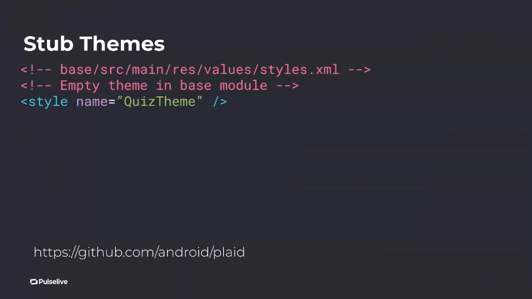And then in your dynamic feature, you actually give your implementation of the theme. What this does is satisfy the compiler, because the compiler goes, oh, I can find this quiz theme. It's empty, but it's there. And at runtime, your correct implementation, the quiz theme that actually implements your colors and your styles and stuff, is the one that gets used most of the time.